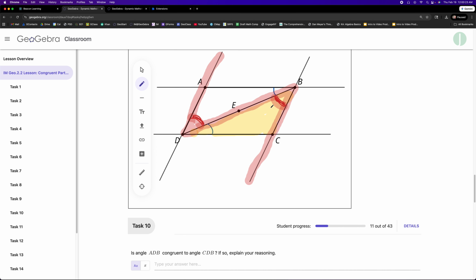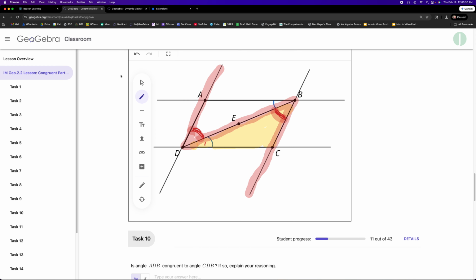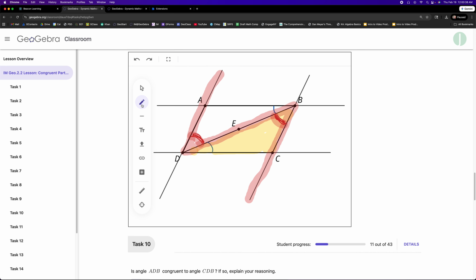This triangle, when you rotate it around 180 degrees, I shouldn't say flip, sorry. This angle right here, let's do that in blue, is going to end up here.